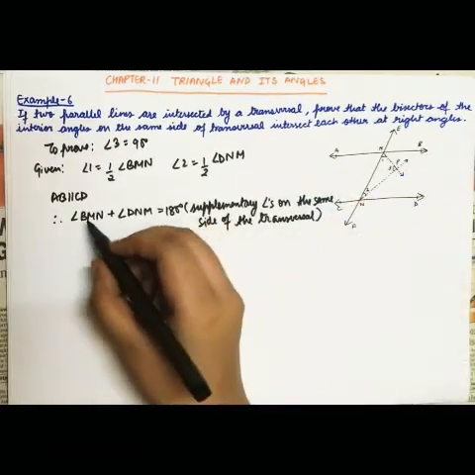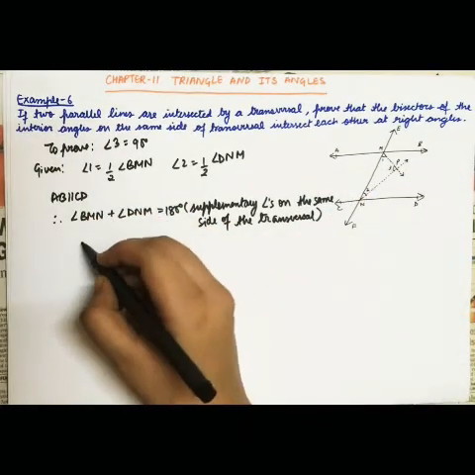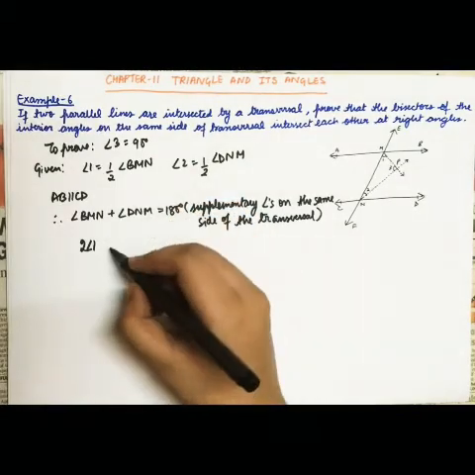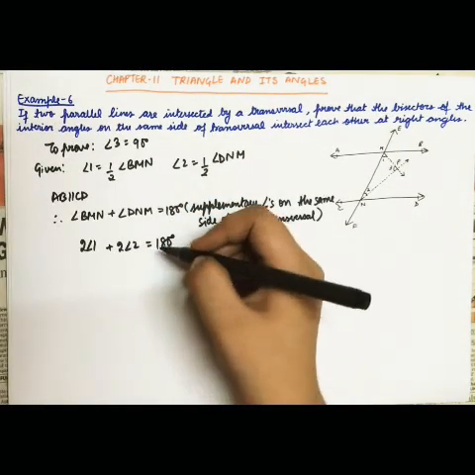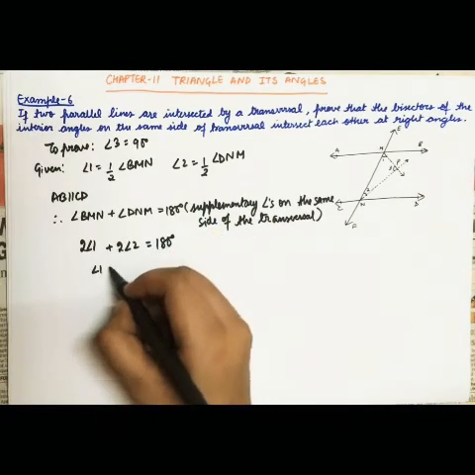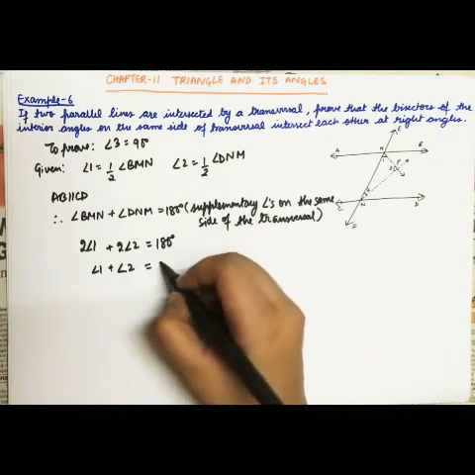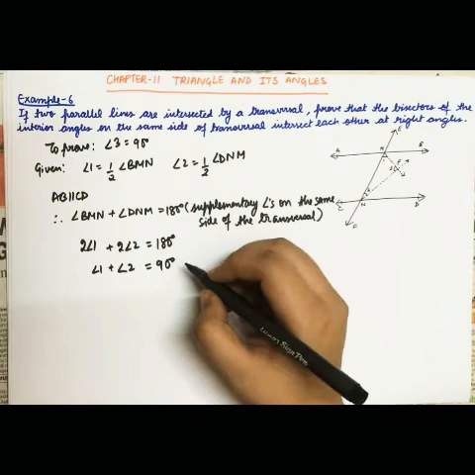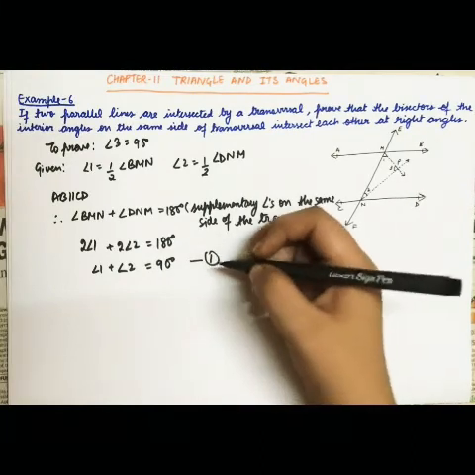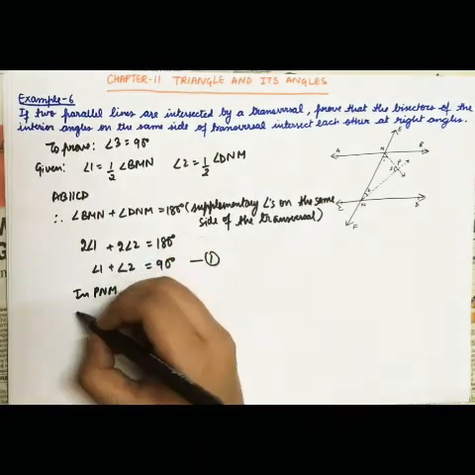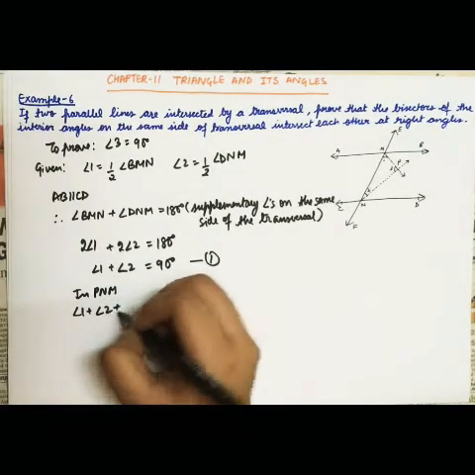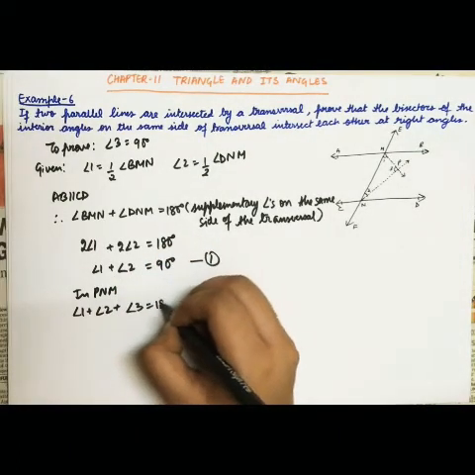Now angle BMN is twice angle 1 and DNM is twice angle 2. Now we can say that angle 1 plus angle 2 is equal to 90 degrees. We will mark this as 1. Now in triangle PNM, angle 1 plus angle 2 plus angle 3 is equal to 180 degrees.